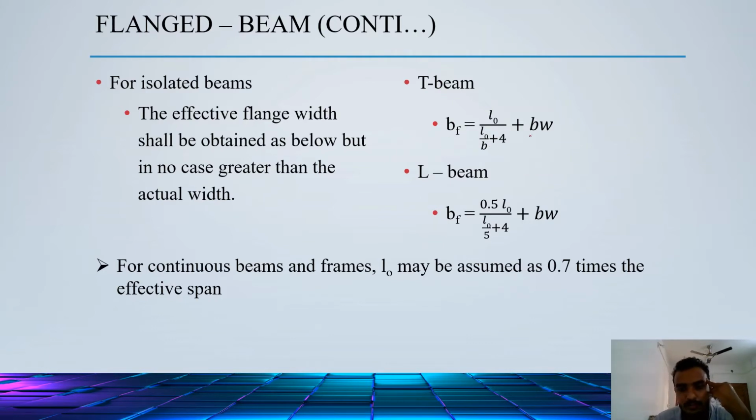L0 by 4 plus BW, and for the L beam 0.5 L0 by 4 plus BW. Remember these equations? And for the continuous beam and flange, L0 may be assumed as 0.7 times the effective span.